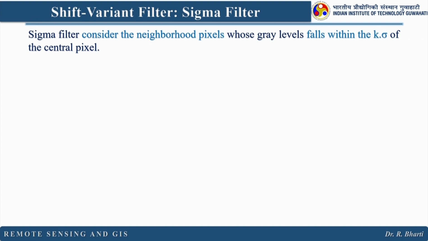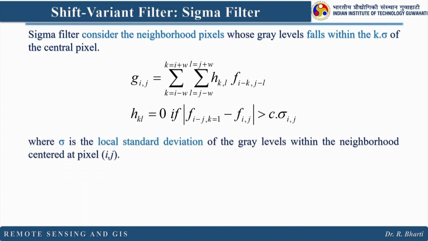Here k may be 1, 2 or 3, and depending upon that, the gray levels or DN values that are similar, or coming within that range, will be considered in averaging, right. Here sigma is basically the local standard deviation of the gray levels within the neighborhood centered at pixel ij, right.